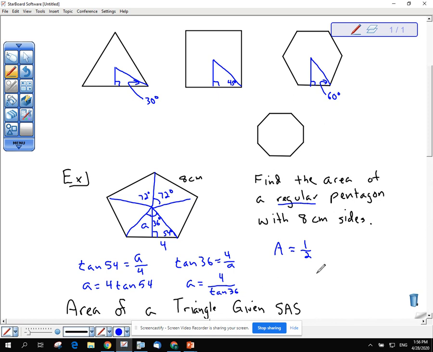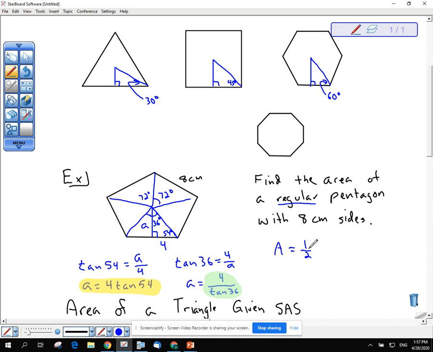1/2 apothem times perimeter. If you're going to use this first value that I got, this one here, that number, 4 tangent 54, is going to go in for the apothem. If you don't like that and you want to use the other one, that's going to go in for the apothem.